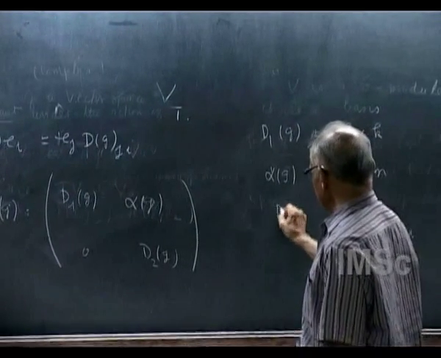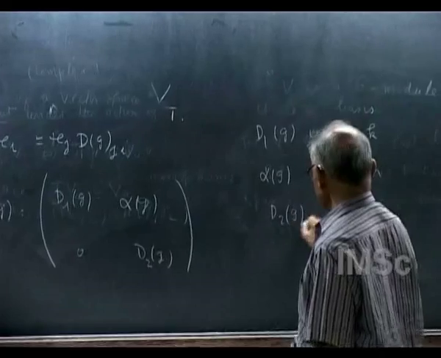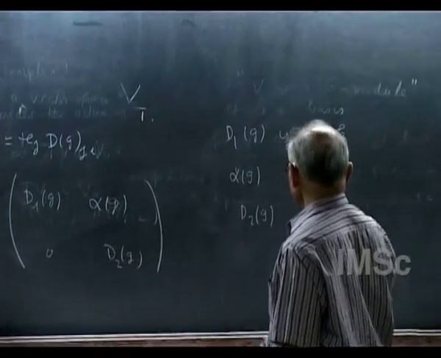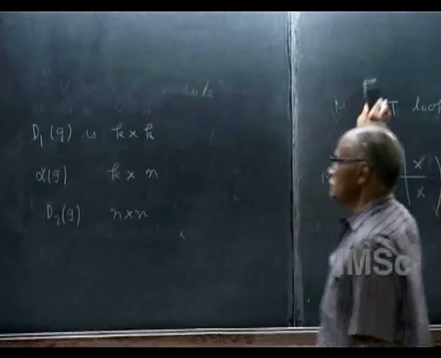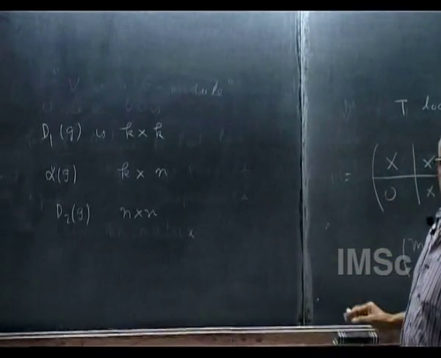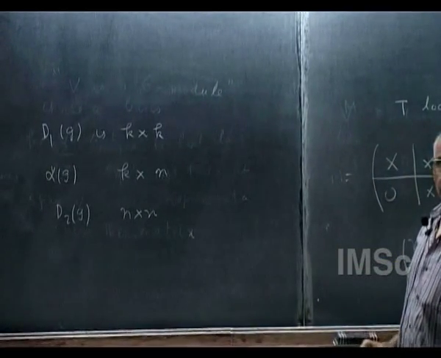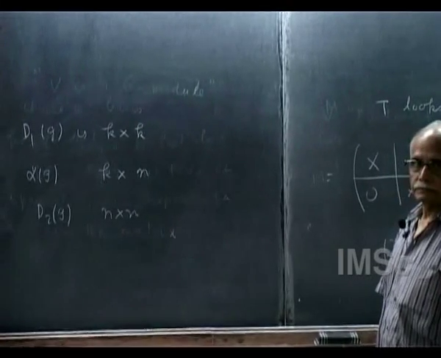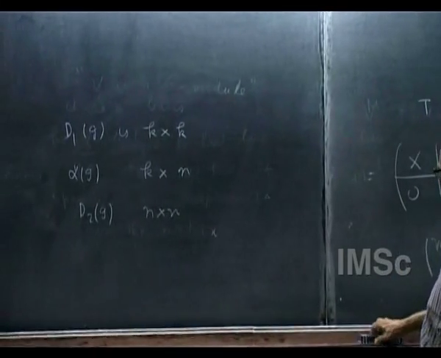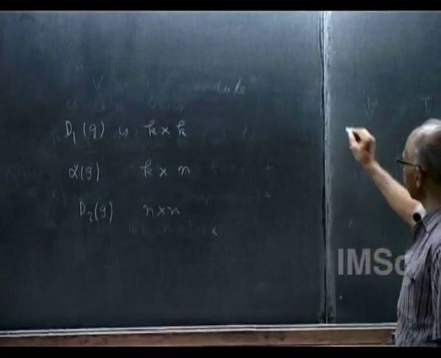Then d2 of g will be n cross n. It will be blocked like this. Now, let us see what happens if I apply d1 of g.